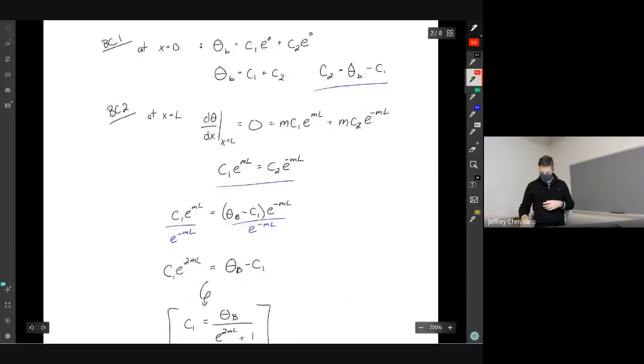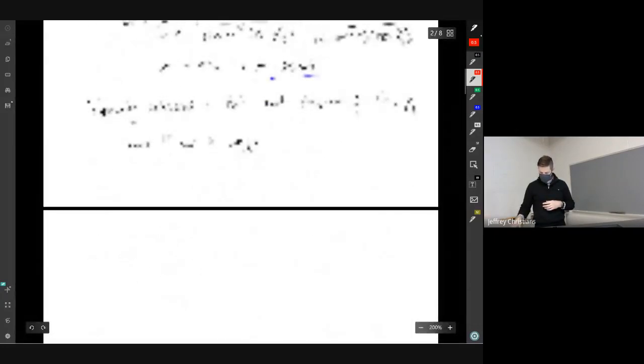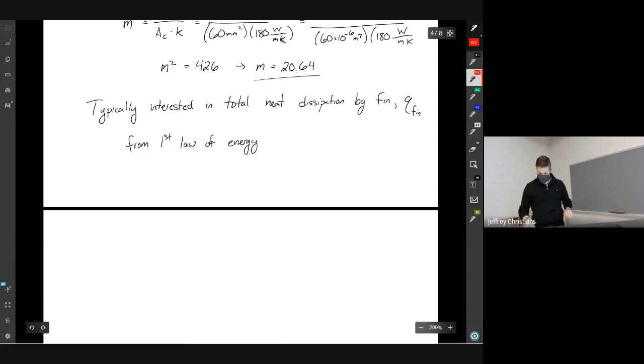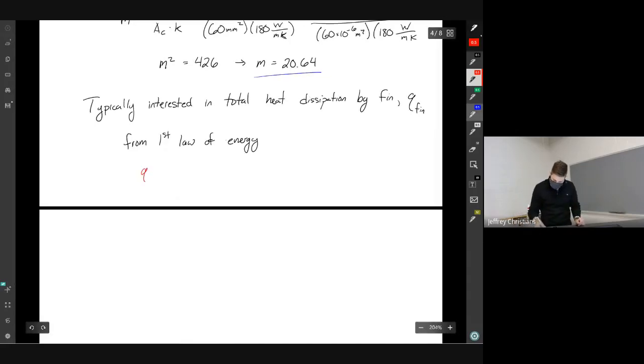So if we look at that, Q fin must be equal to Q evaluated at x equals 0.